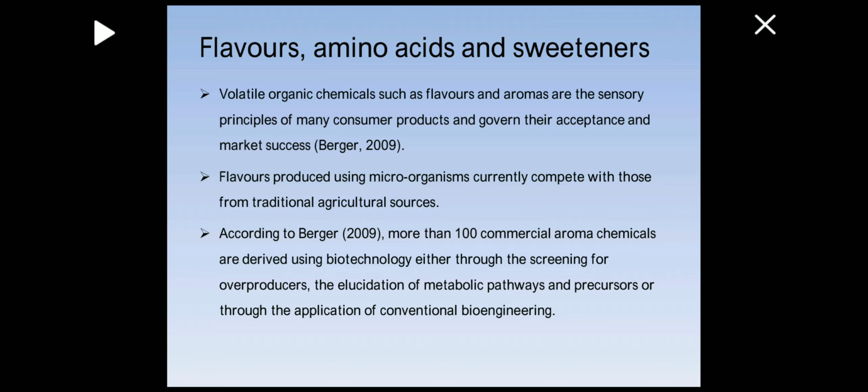During the process of fermentation, an optimization procedure is adopted so that the maximum amount of that specific flavor can be produced. Then it can be isolated, purified, and added to the food products, so as to increase the value of the food products.